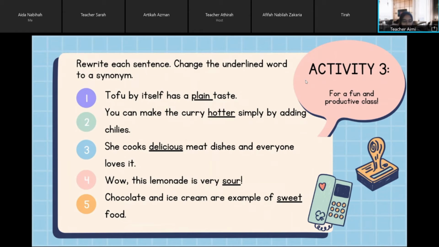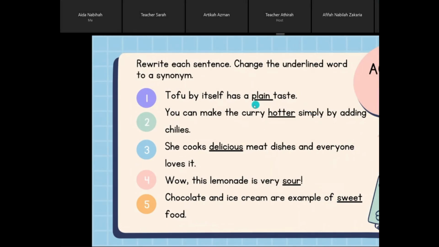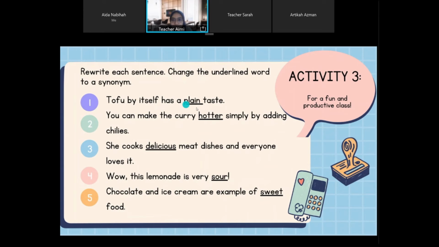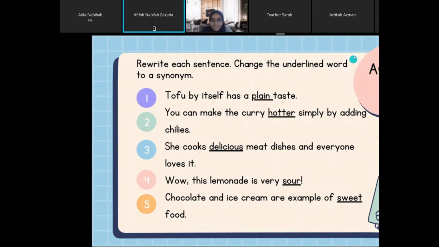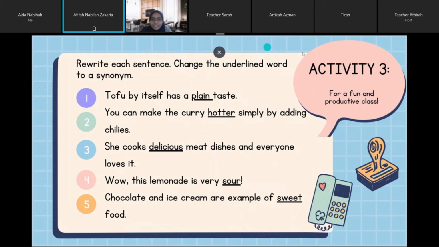Okay, I hope you have done your part. So let's discuss. For the first question, tofu by itself has a plain taste. Can someone tell me what we can replace the word plain with? Bland, teacher. Is it correct? Okay, good. Correct.